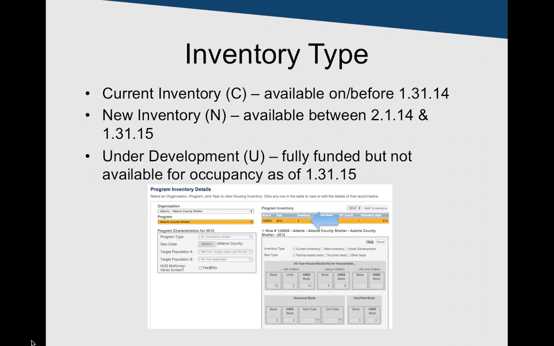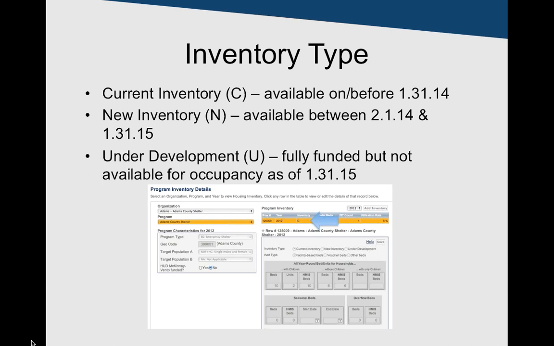New inventory are those beds and units that will be available for occupancy between February 1st and January 31st of the year of the count. So for 2015, that will be between February 1st, 2014 and January 31st, 2015.